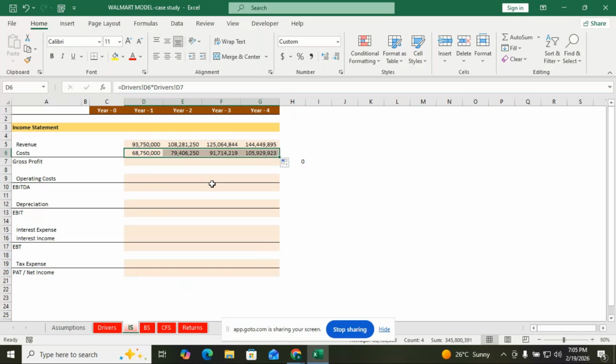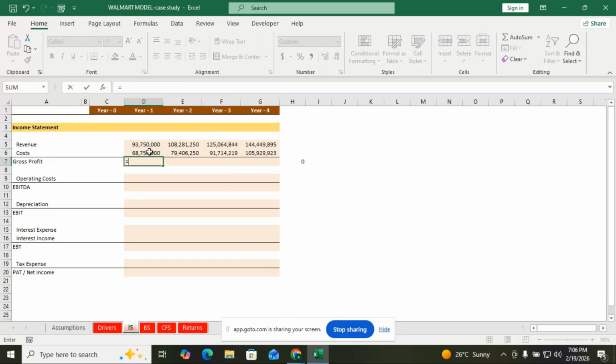Once you complete the computation of revenue and the cost, please calculate the gross profit. So what's your gross profit? You've already done revenue and cost of goods sold. So equals to revenue minus cost of the goods sold. Clear? Revenue minus cost of the goods sold, and then for the rest of the years complete it.